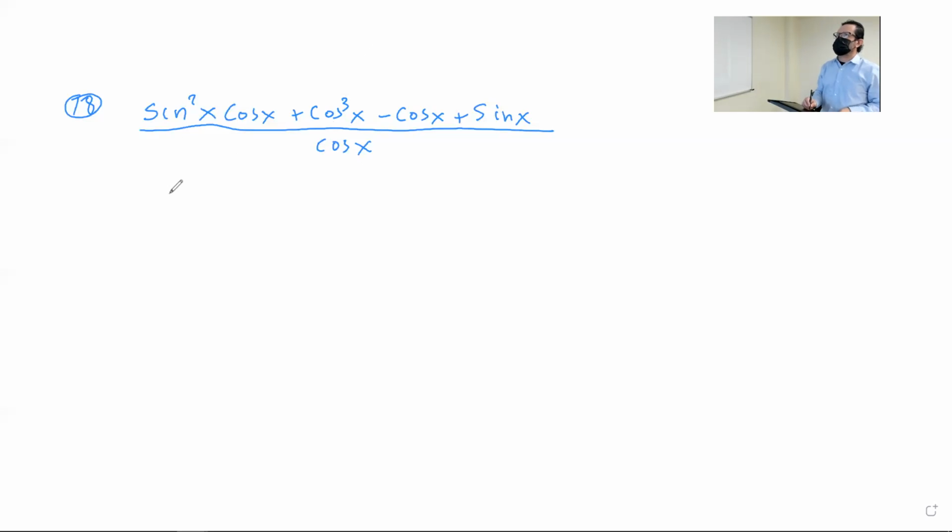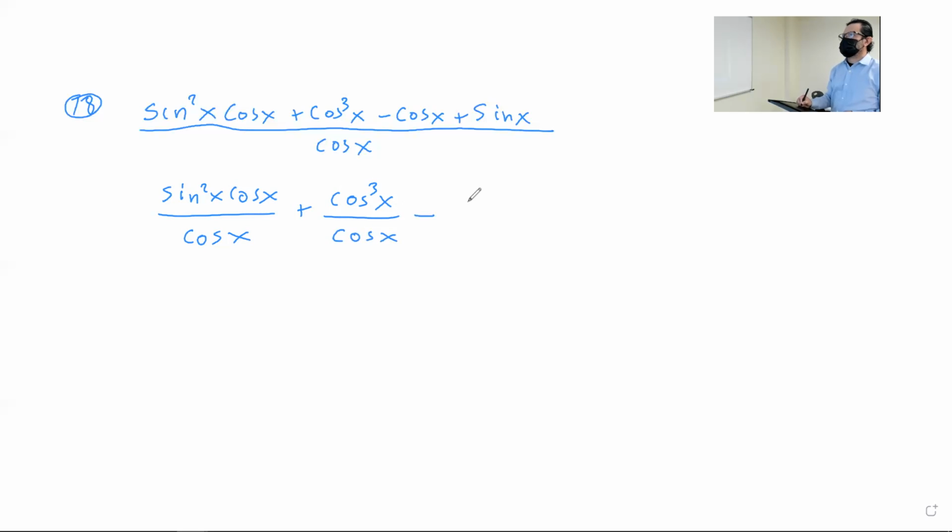So what we're going to do is separate these. I've got sine squared of x, cosine of x, divided by cosine of x plus cosine to the 3 of x divided by cosine minus cosine of x divided by cosine plus sine of x divided by cosine.